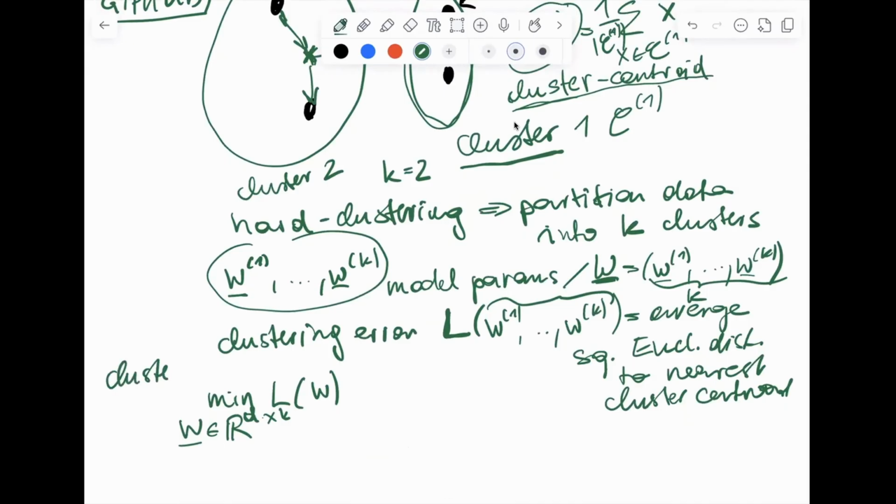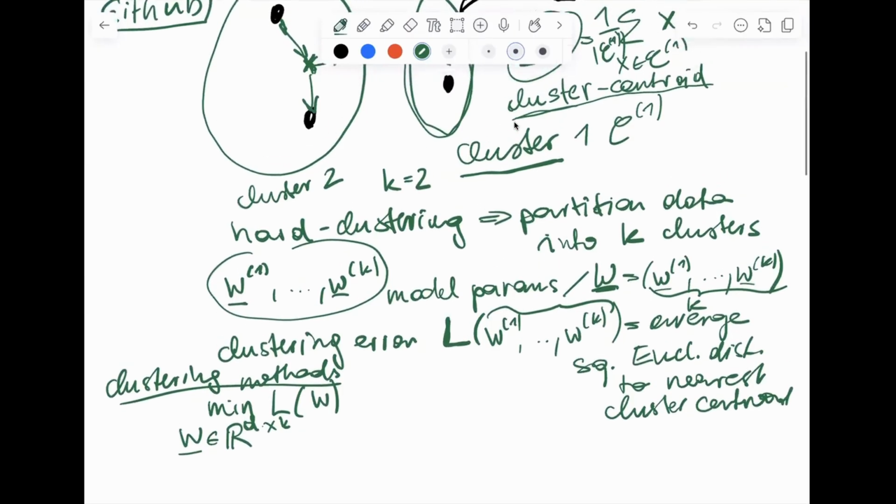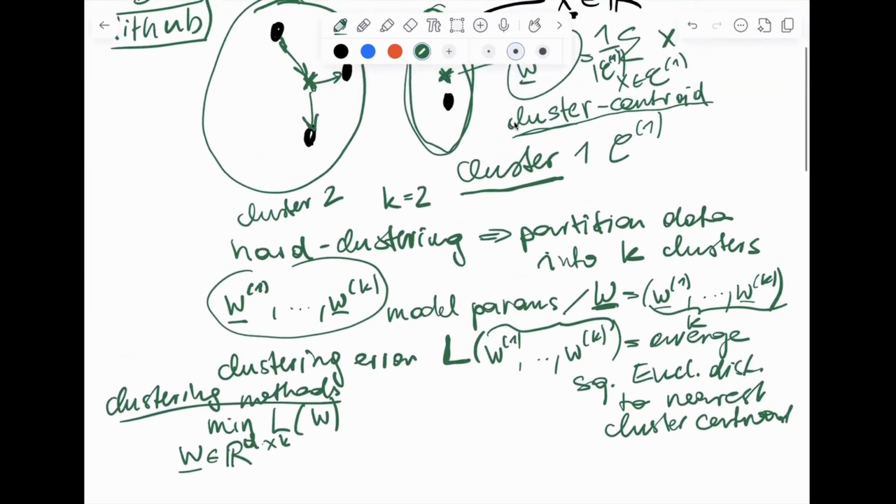Clustering methods are an instance or a special case of empirical risk minimization, where the empirical risk is the clustering error. Okay, what is a challenge here?